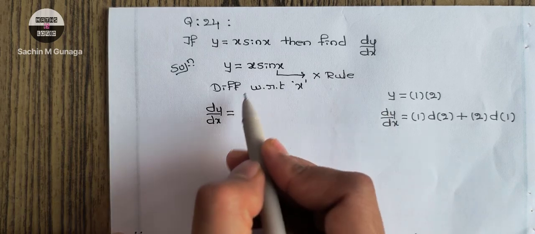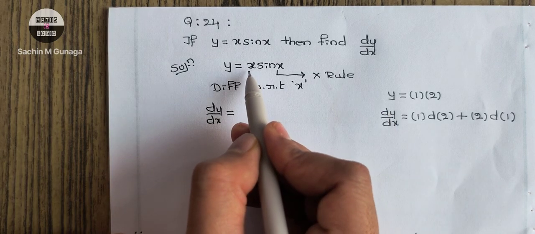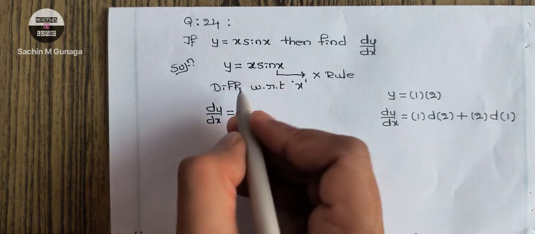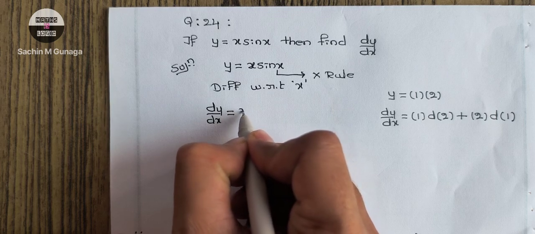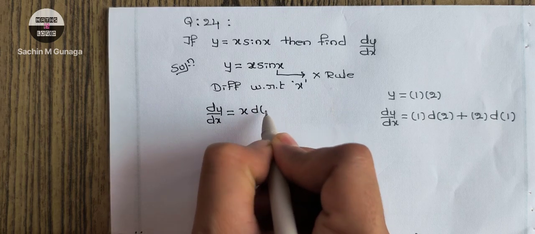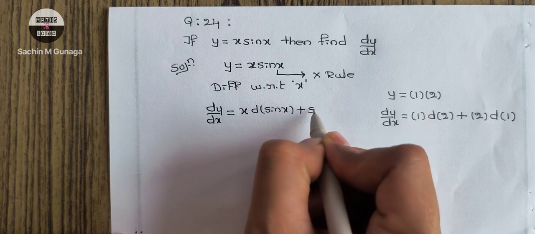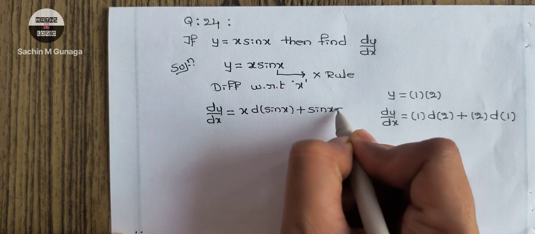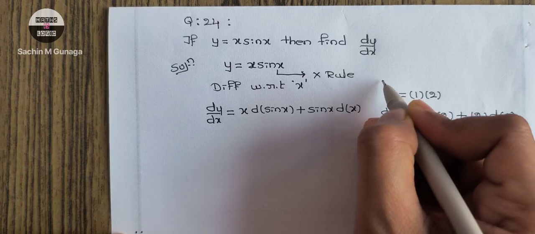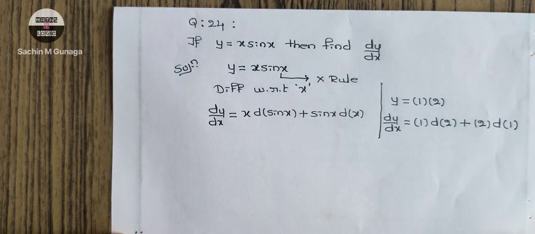The same rule we are going to apply here. x is the first function, sin x is the second function. Therefore, first function keep as it is, differentiate sin x, middle plus sign, sin x keep as it is, differentiation of x.